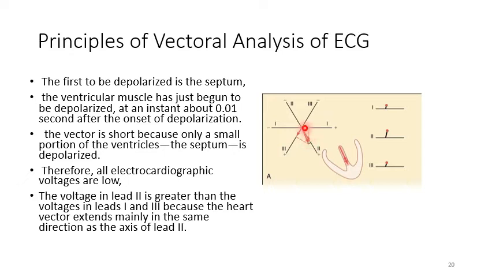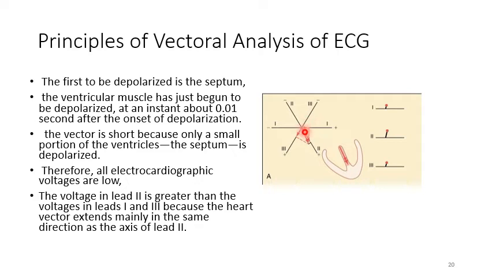So for lead 1, we draw a perpendicular line from the instantaneous vector to lead 1. The perpendicular line will make 90 degrees with lead 1. After drawing that, you will see the length of the projection, which is going to be an arrow on lead 1.